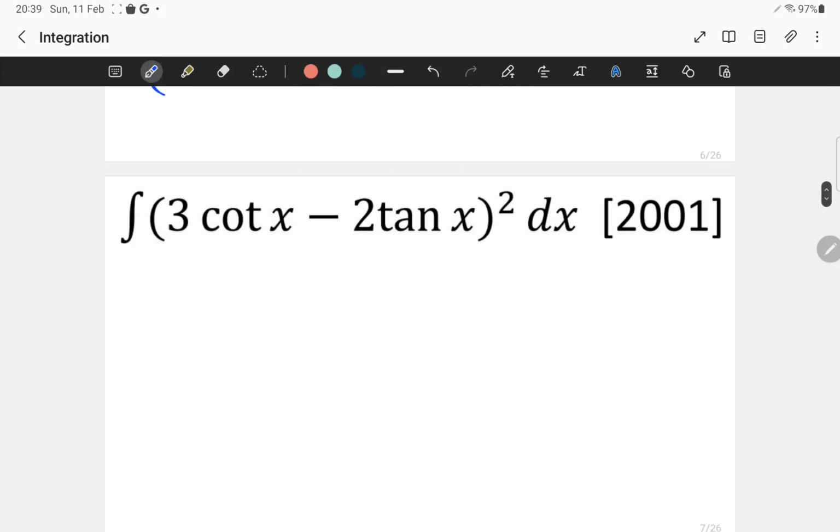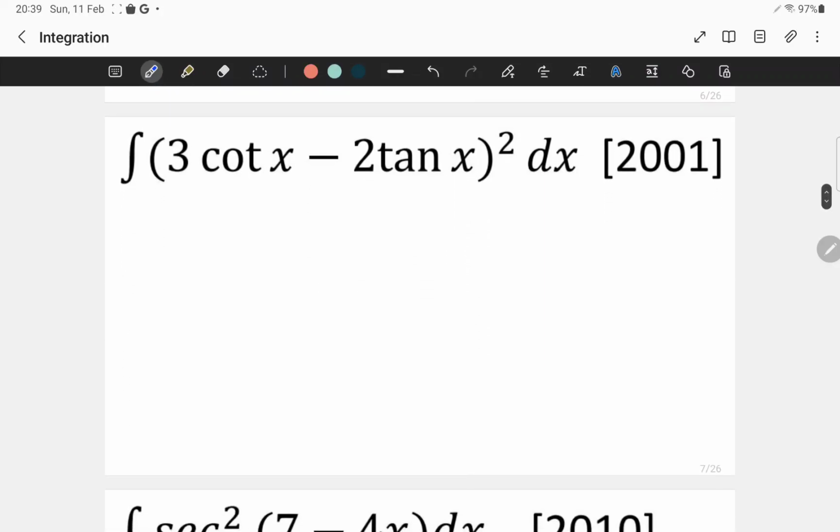Let's solve our next problem from 2001. It looks like a big problem. Let's try.